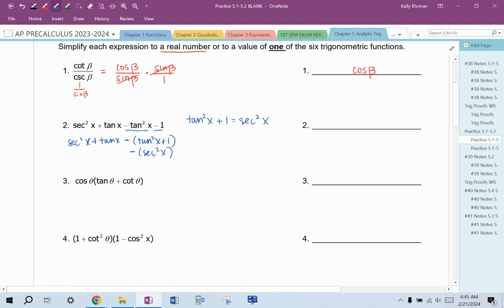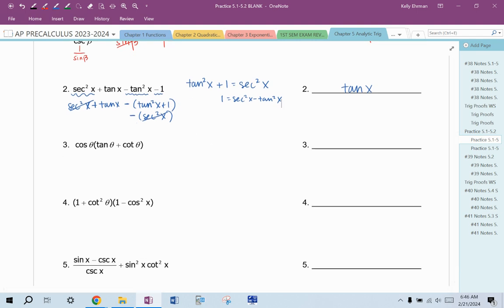So secant squared minus secant squared is going to cancel out, and you're going to be left with tangent x. You could also have said secant squared minus tangent squared is equal to 1. Then you would have had 1 plus tangent minus 1, so that would have worked as well.